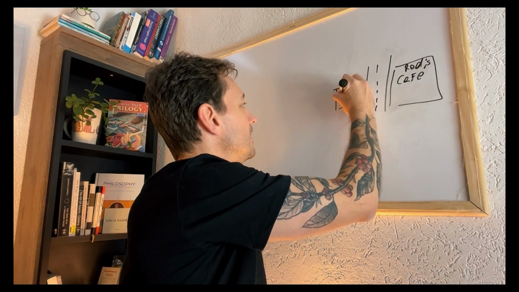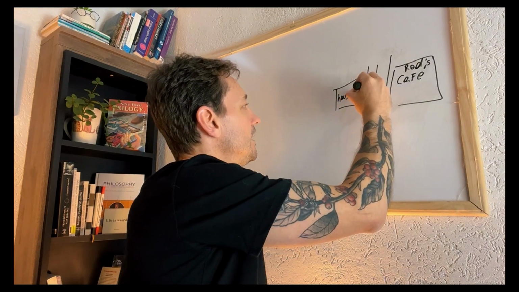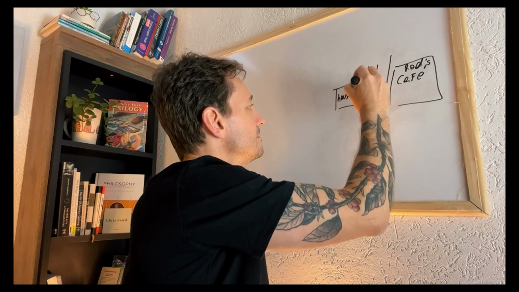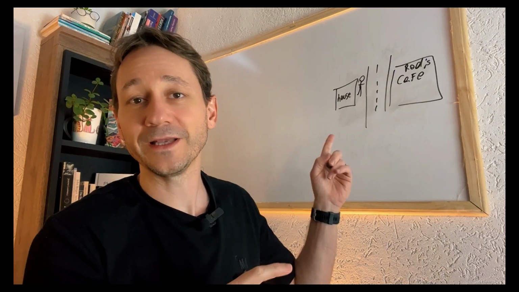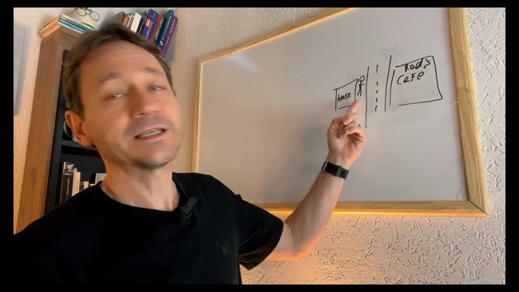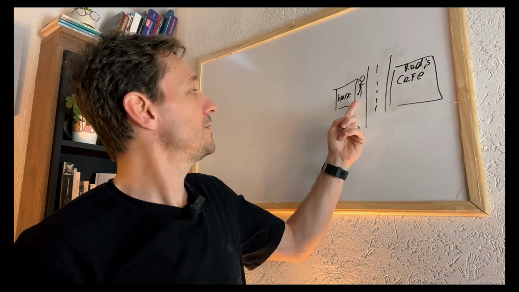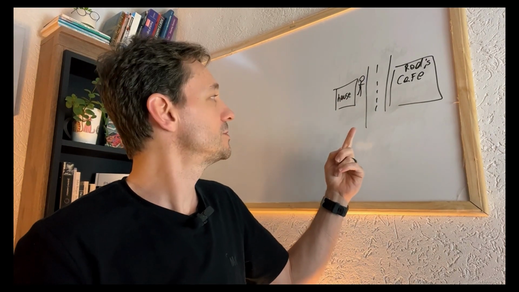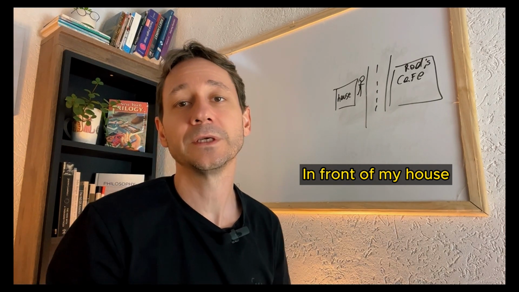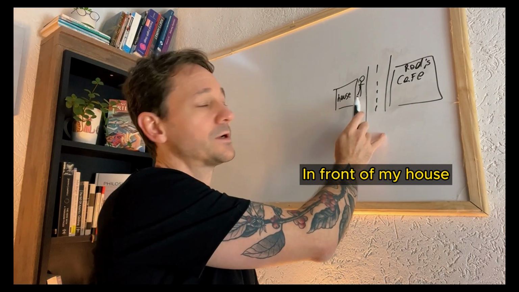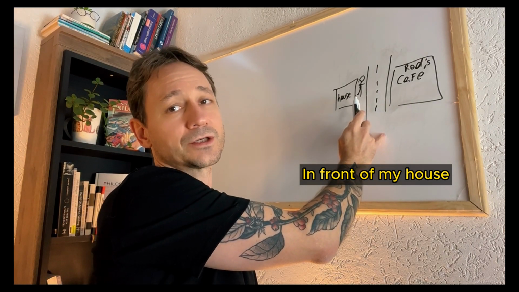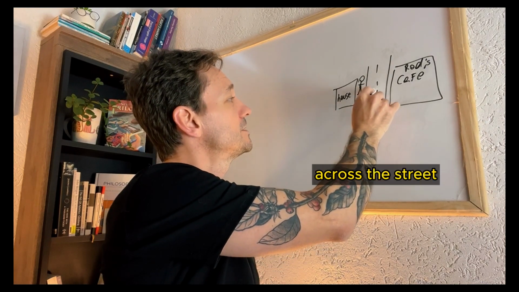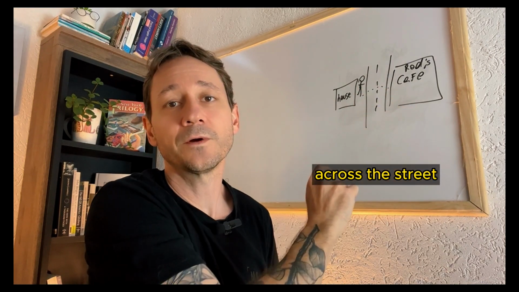And a lot of my students, sorry, but this is the idea here. If I say, where is the coffee shop? Where is Rod's Cafe? A lot of my students will say, it's in front of my house. Look, you're in front of your house, but the coffee shop, it's across the street, across from your house.